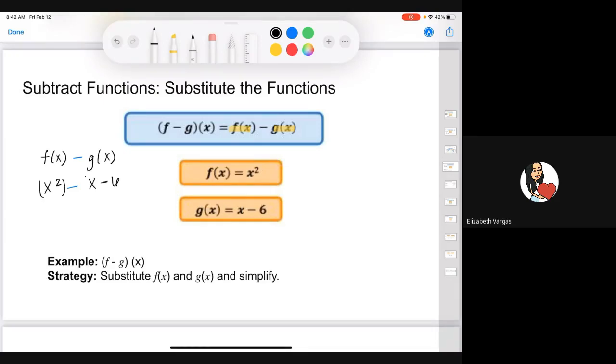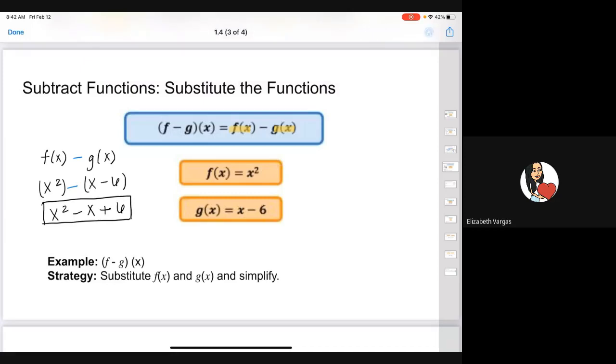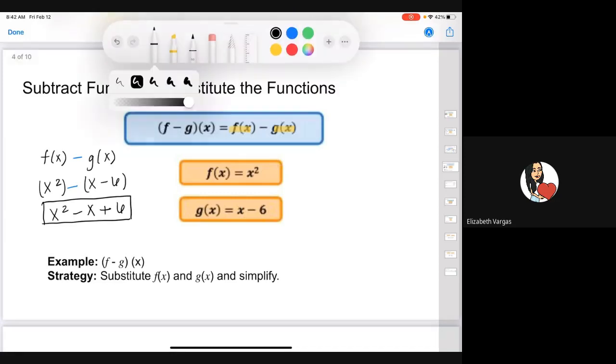Let me go ahead and put them in parentheses so we can see this easier. And now I'm going to go ahead and simplify, and I'll get x squared minus x plus 6. That is my simplified version of subtracting those two functions. If you're wondering how I got plus 6, I have a negative here that I can distribute into both of these.